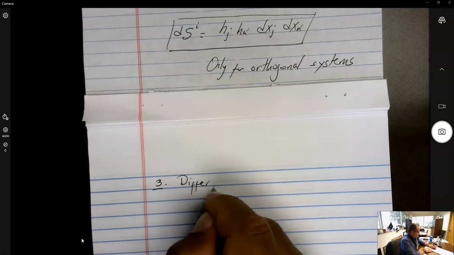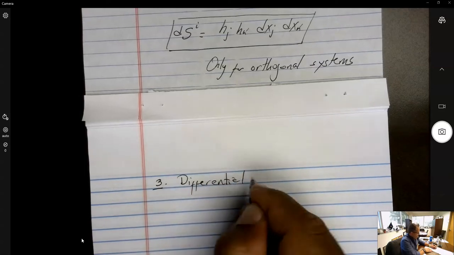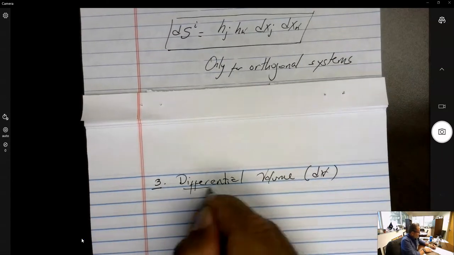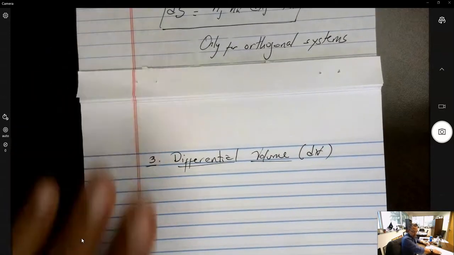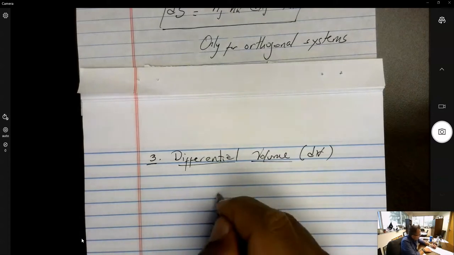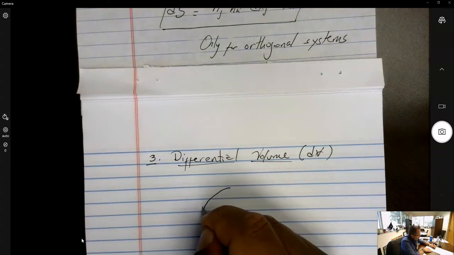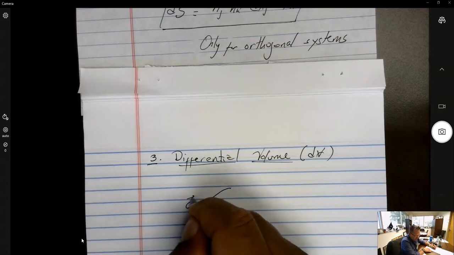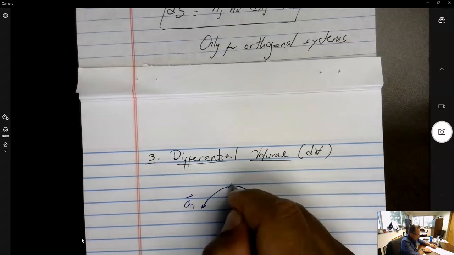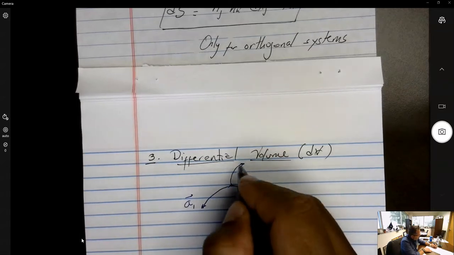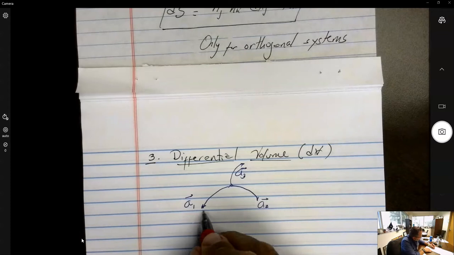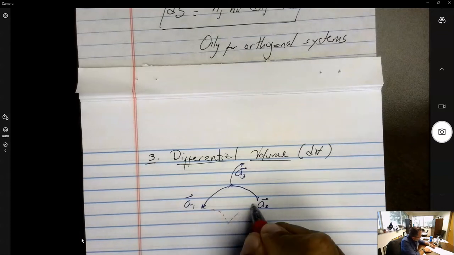So we should be able to calculate the differential volume in curvilinear coordinates. The differential volume is essentially the multiplication of the three tangent vectors, a1, a2, and a3, which make up a curved parallelogram, or I'm sorry, parallelepiped.